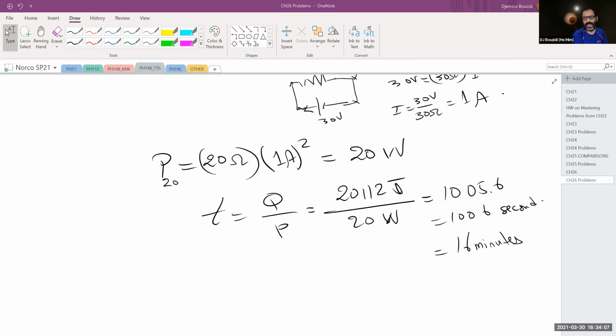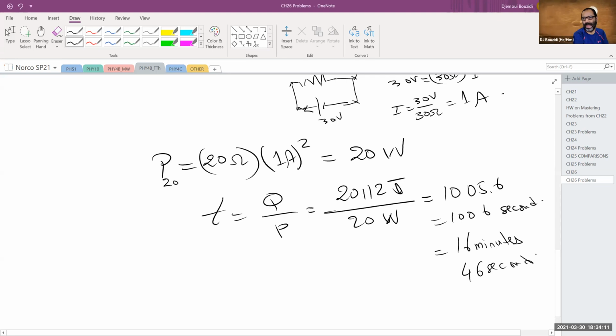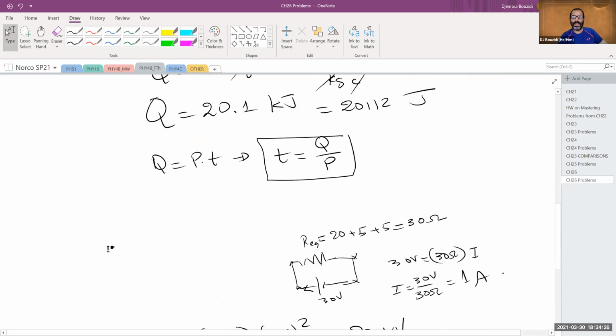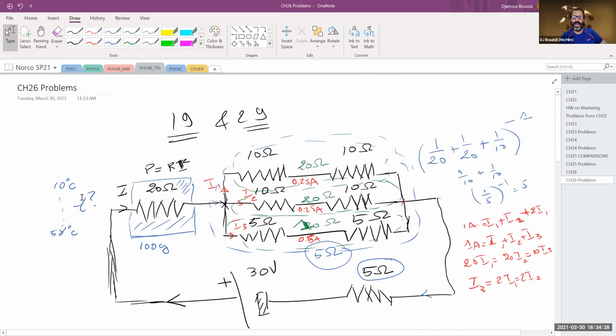That gives me 46 seconds. So that I know exactly how long it's going to take. It takes 16 minutes, 46 seconds, actually about 46 seconds because of the rounding, to go from 10 degrees Celsius to 58 degrees Celsius, okay?